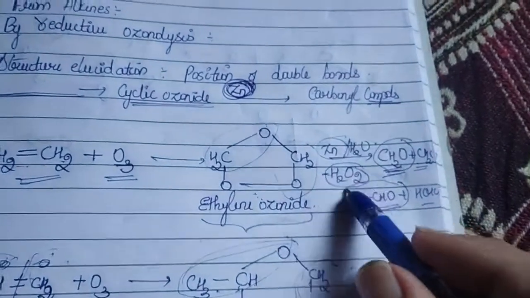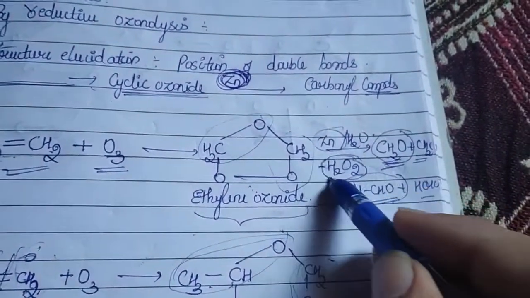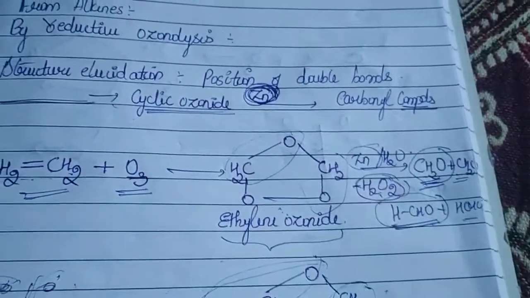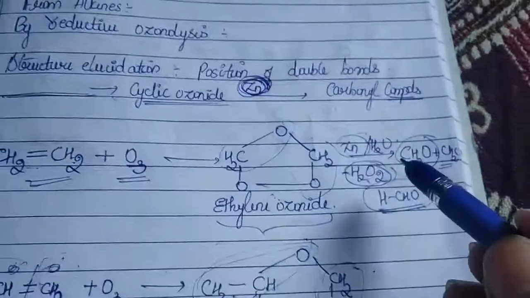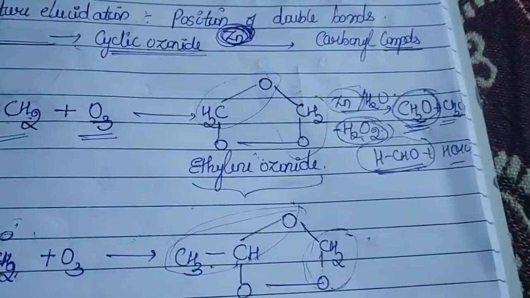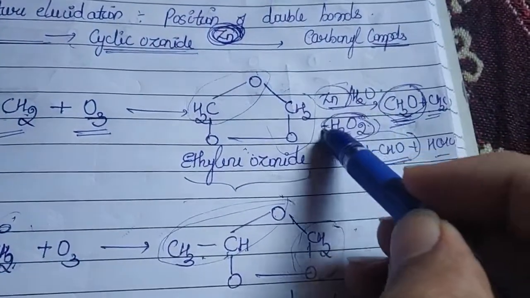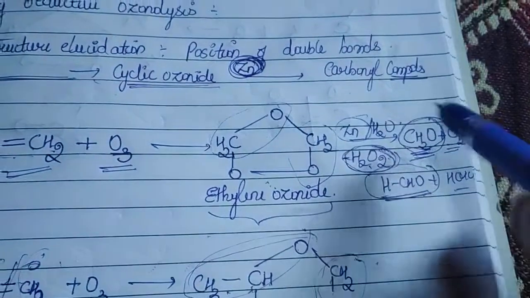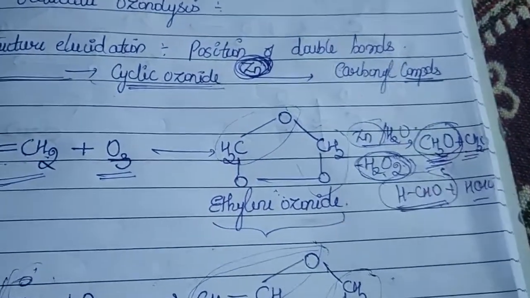So it doesn't keep quiet. Once it has been generated in the system, it will try to show its strength. That is, it will try to oxidize your aldehydes to carboxylic acids.